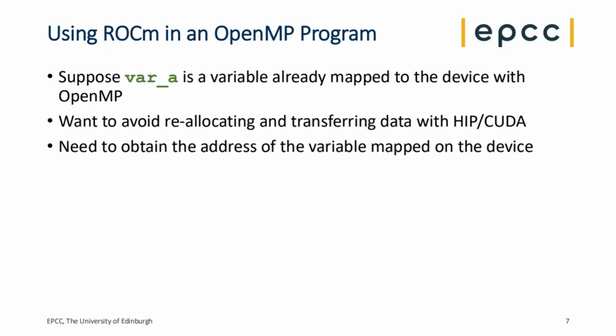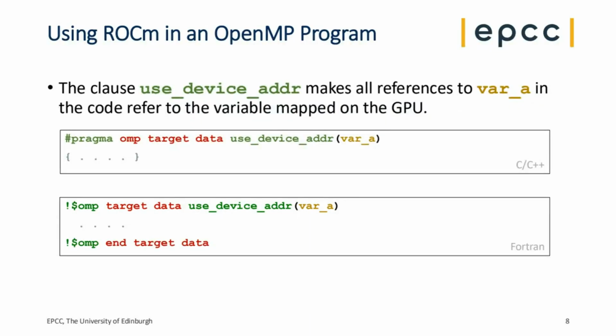Here we're just preparing to show you a code example of this. You may have a variable that has already been mapped, say, in a different situation. And when you're now calling the HIP or CUDA routine, if you're using those programming models, you want to avoid reallocating the data on the device or transferring it from the host to the GPU. So here's an example of what I mean.